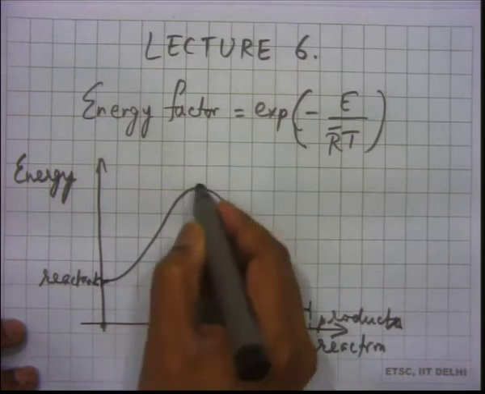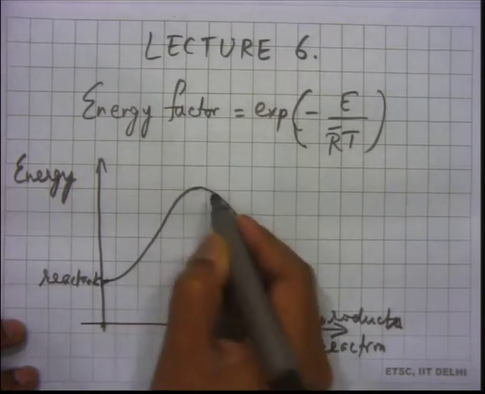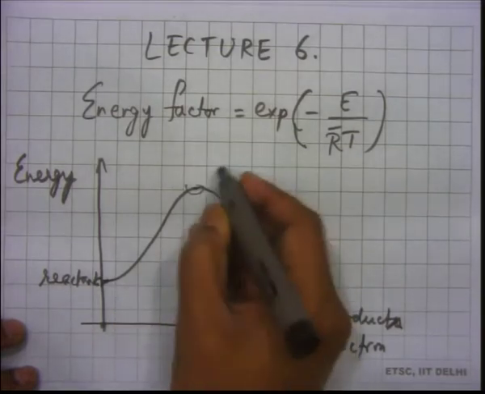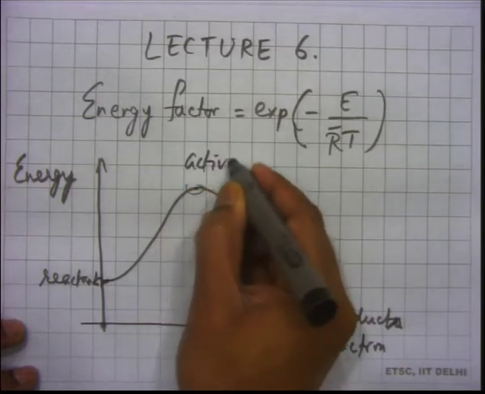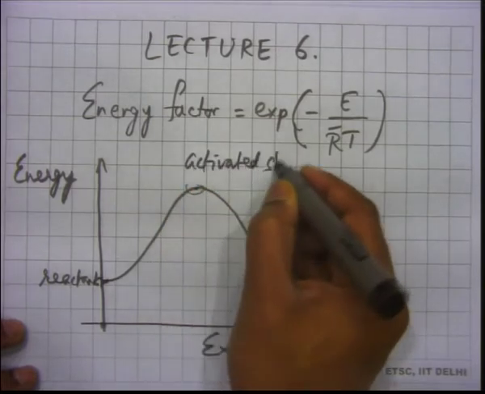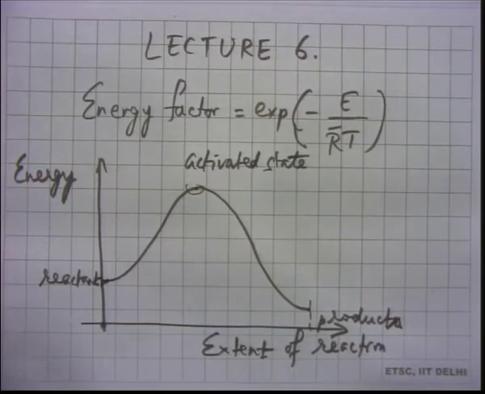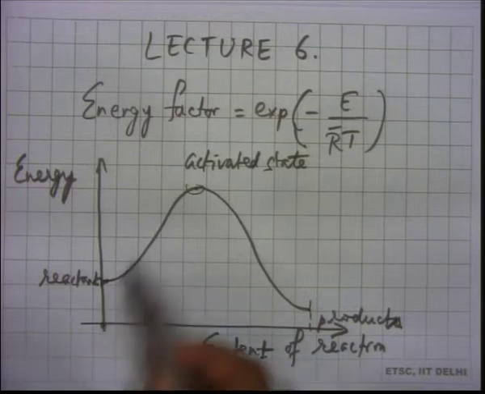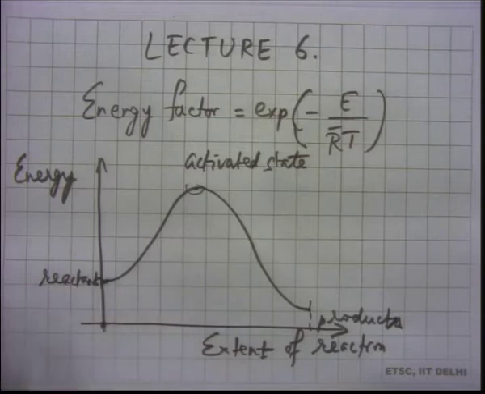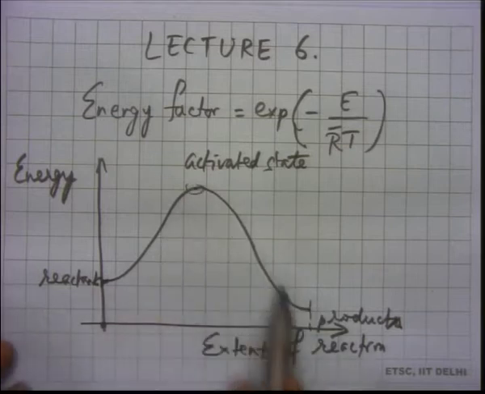So, they have to come to this stage where this corresponds to an activated state. So, the way you can visualize reactions is that the reactants, if they get sufficient energy, form an activated complex, and after making that activated complex, which is transitory in nature, that activated complex will give rise to products.